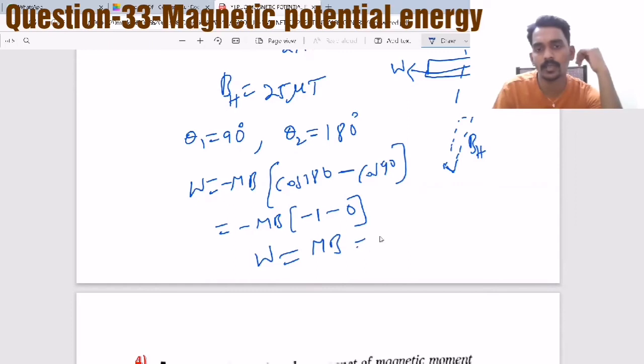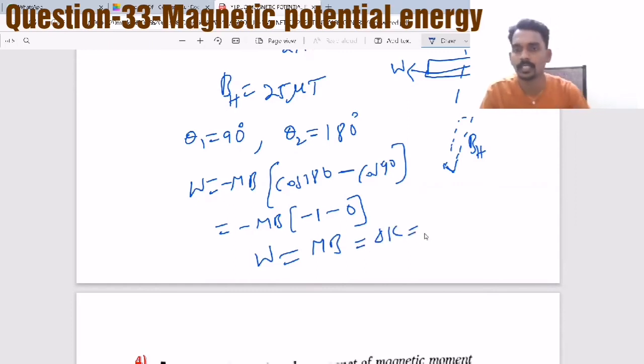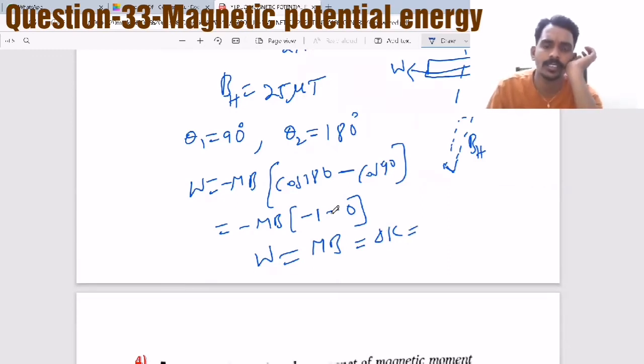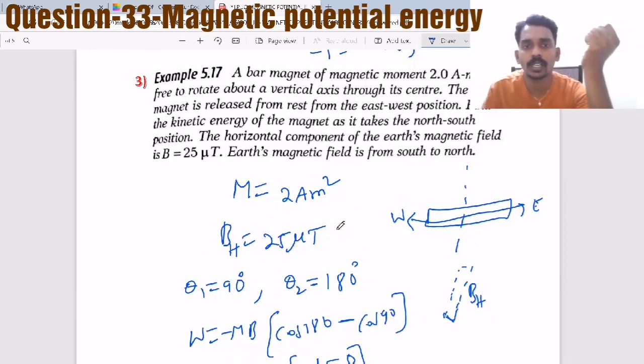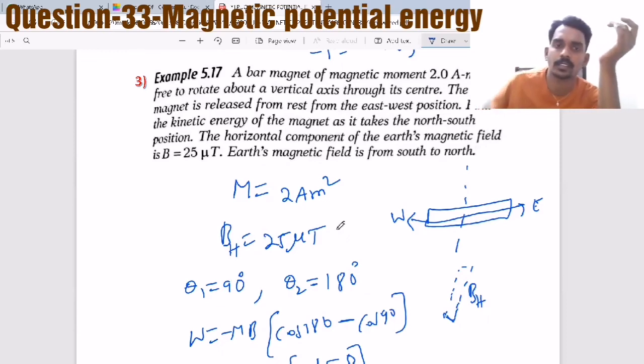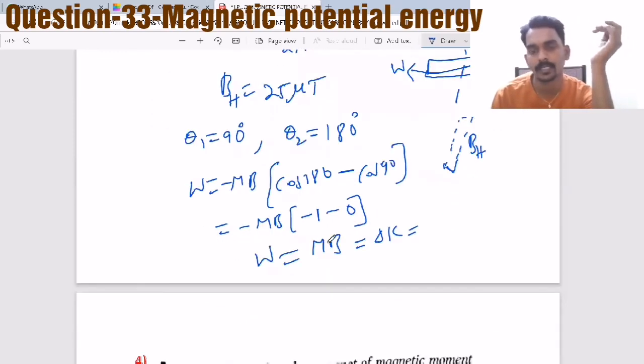Now work done is nothing but change in kinetic energy. Change in kinetic energy is nothing but gain in kinetic energy. This is nothing but decrease in potential energy equal to increase in kinetic energy. That is what they are asking: find the kinetic energy of the magnet as it takes the north-south position.